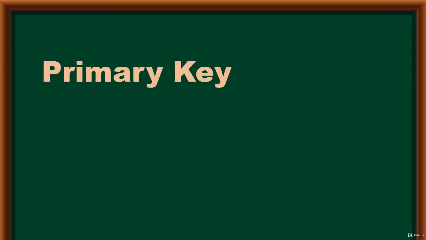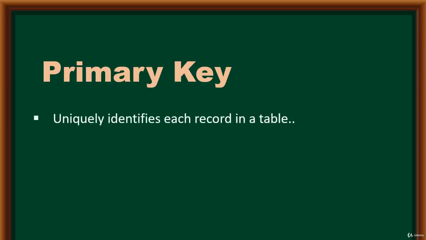Next, I'm going to introduce you to the concept of a primary key. A primary key basically is used to uniquely identify each record in a database table. Primary keys must contain unique values. That means a primary key cannot contain a null value.